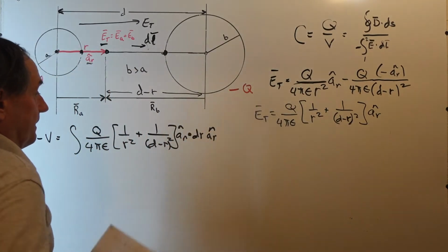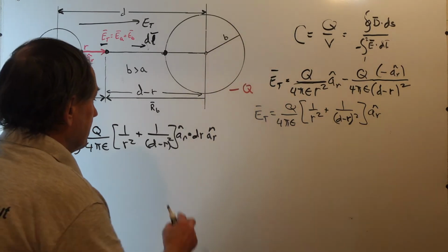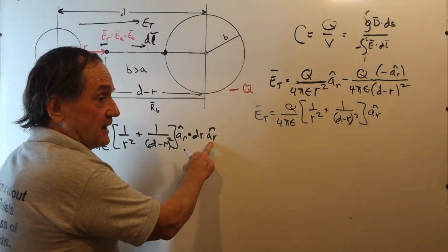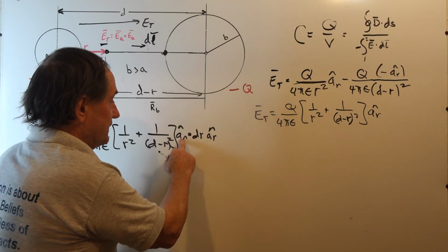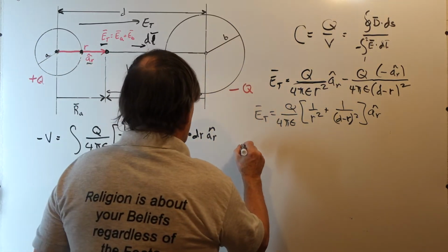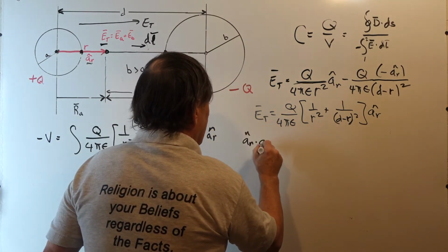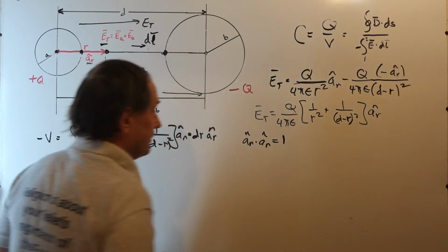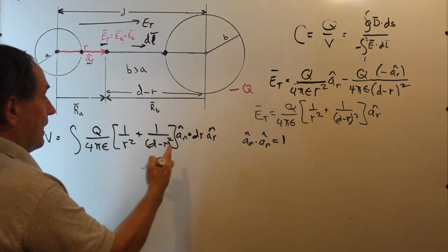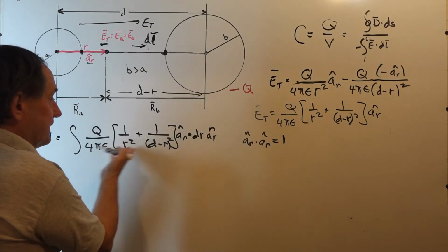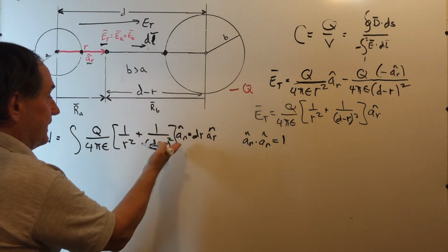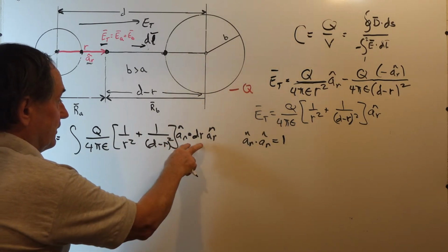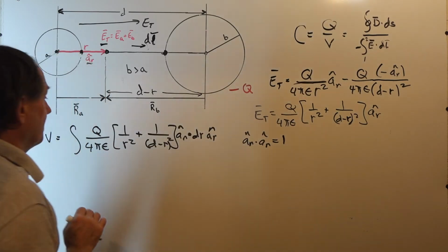Now, whenever we have a vector dotted with itself, we just get its magnitude squared. These are unit vectors, so AR dot AR is just equal to unity, or equal to 1. So we can now write this vector line integral as a scalar integral. We'll get rid of the dot product.